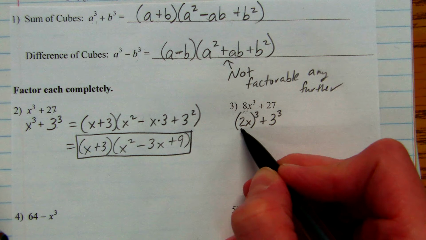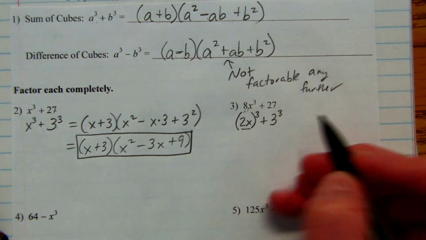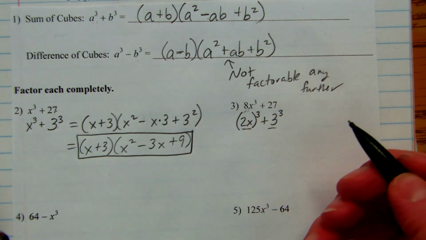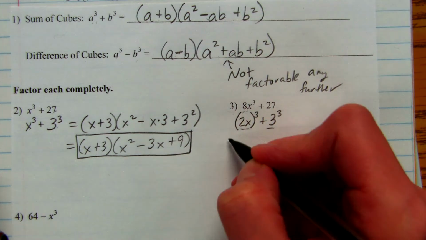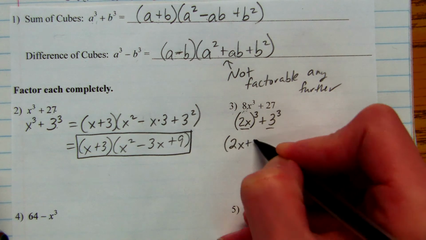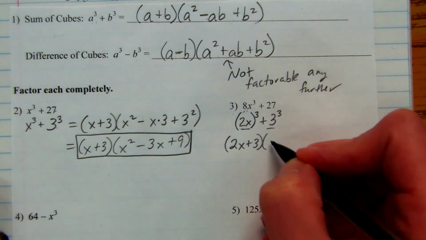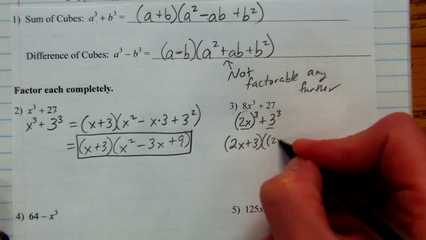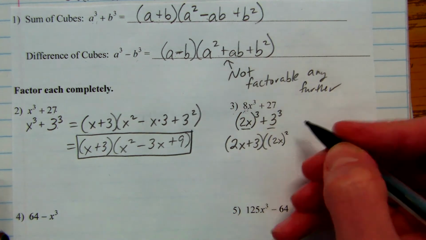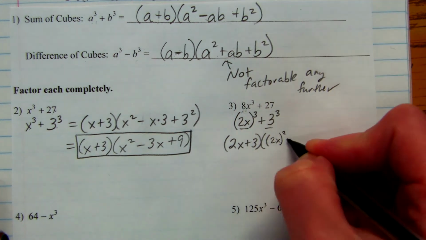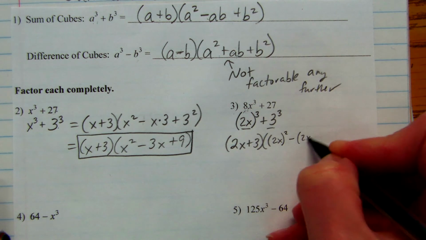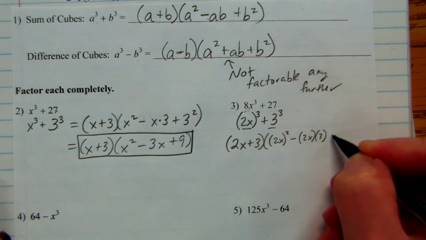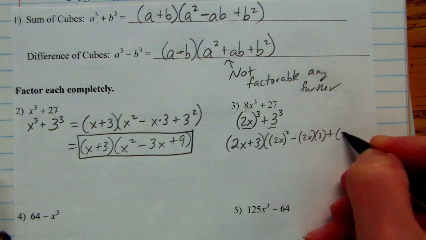So now 2x is my A and 3 is my B. So when I put that into the formula, I'm going to have 2x plus 3. And then when I get to A squared, that's 2x in parentheses squared. I have to square the whole thing. Minus 2x times 3 plus 3 squared.